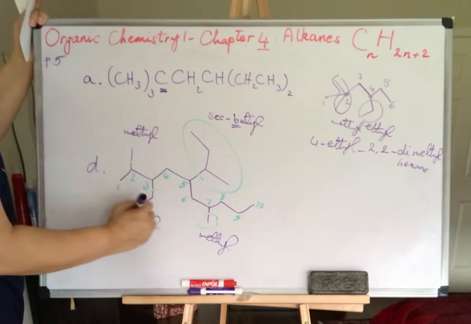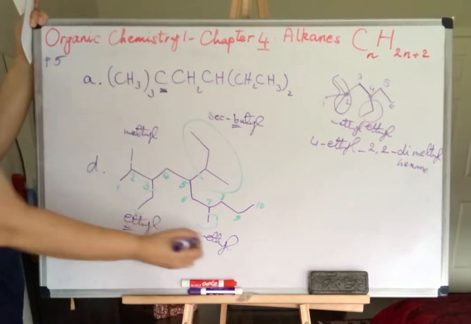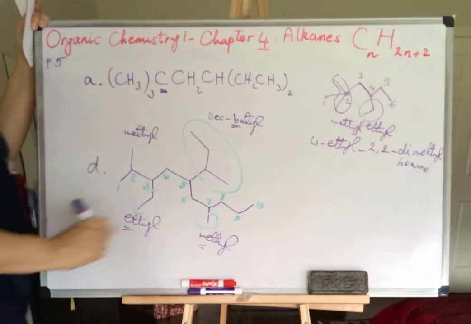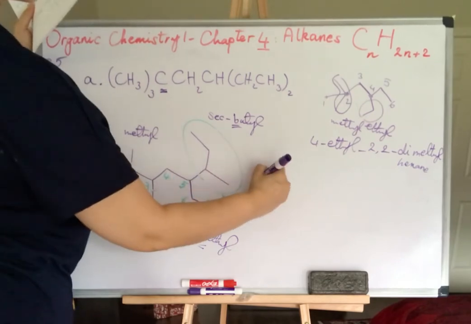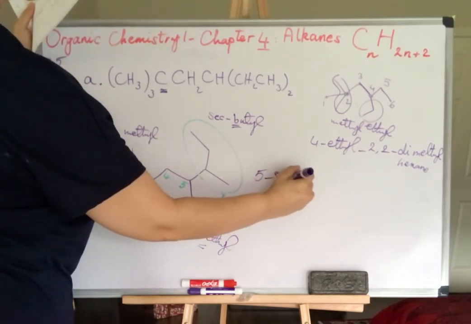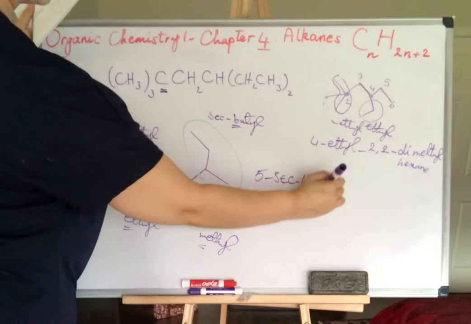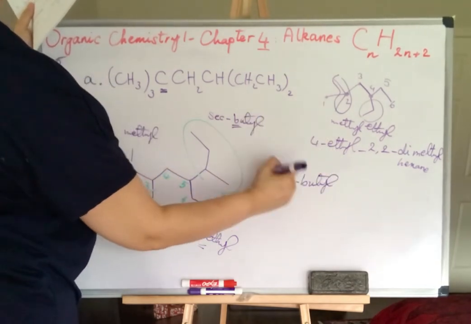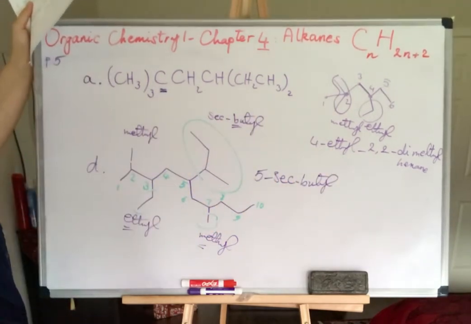So which one comes first? B, E, or M? B. Where is it at? On 5. 5, sec-butyl.